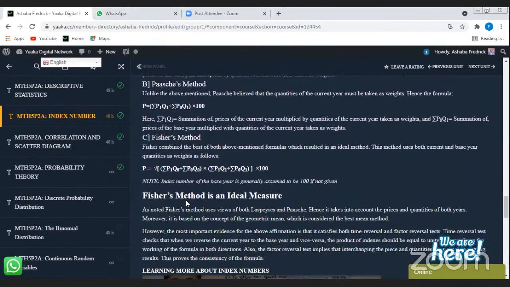Then we have Fisher's. For him, we find the square root of summation of P1 Q0 divided by summation of P0 Q0 times summation of P1 Q1 divided by summation of P0 Q1, then multiplies everything by 100.